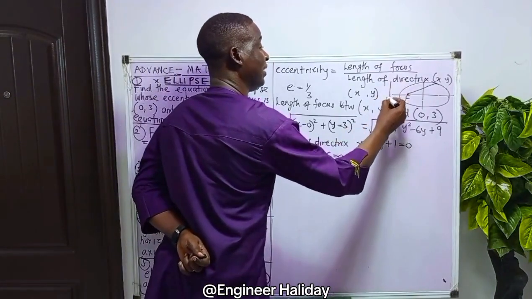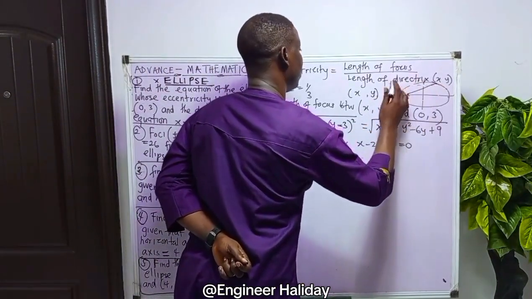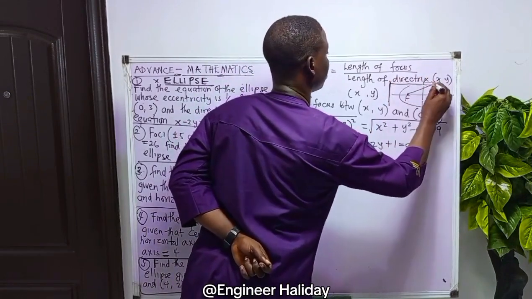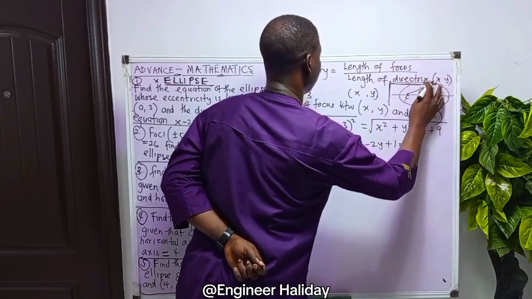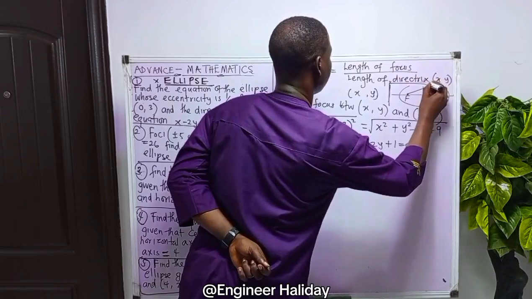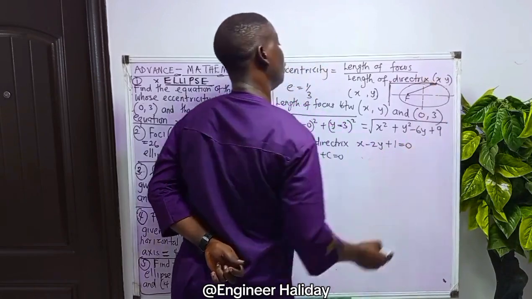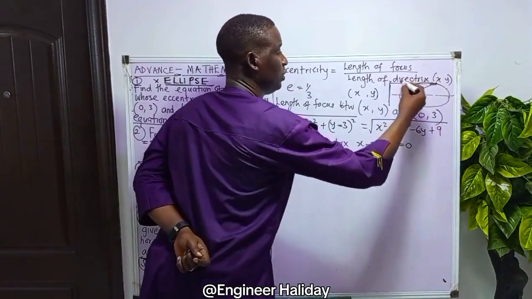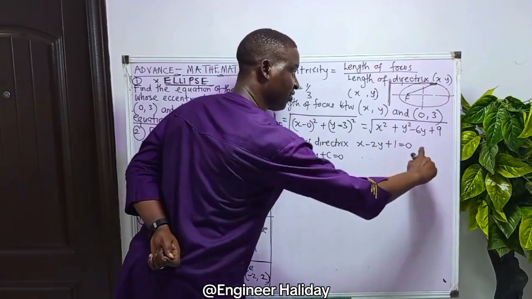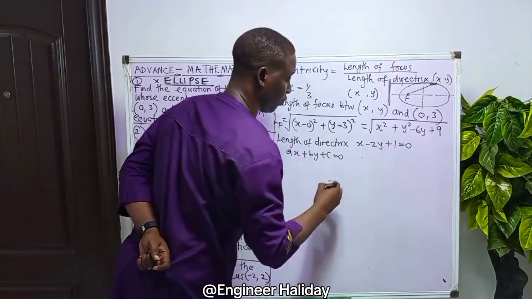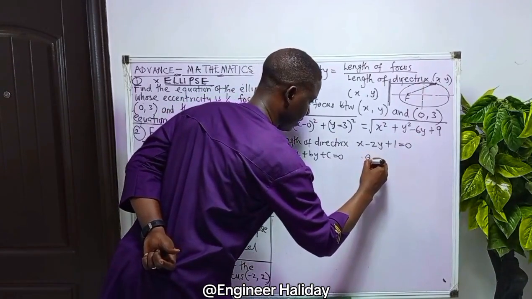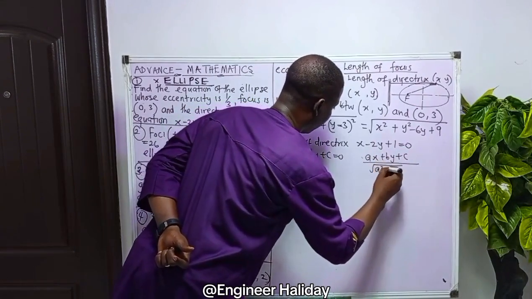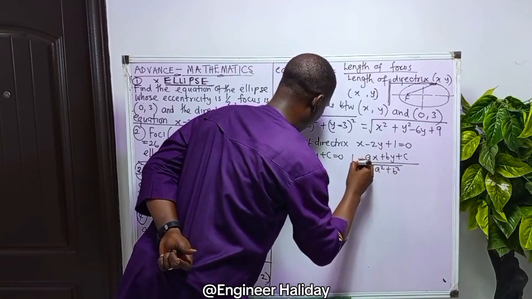Let's take one of the points on the directrix. The length is ax plus by plus c all over square root of a square plus b square. That will give us the length of directrix.